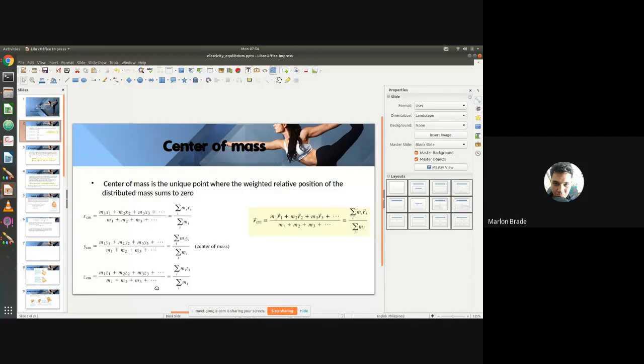RCM is a vector quantity. It is the vector connecting the origin you chose and the center of mass.